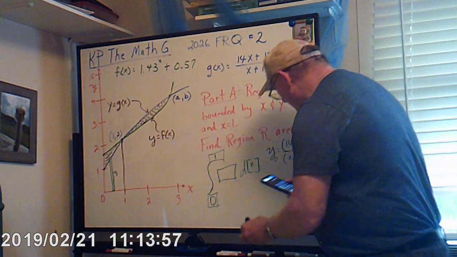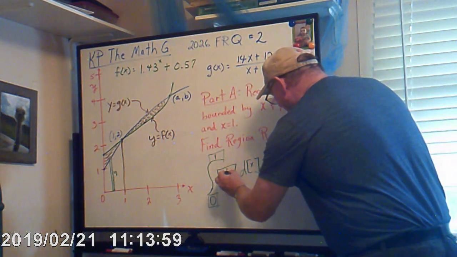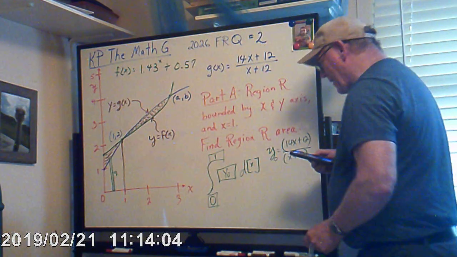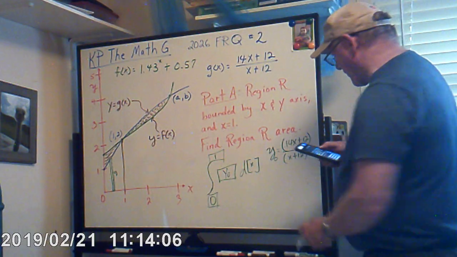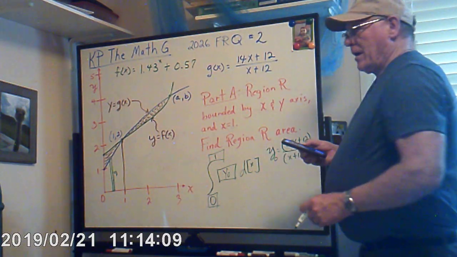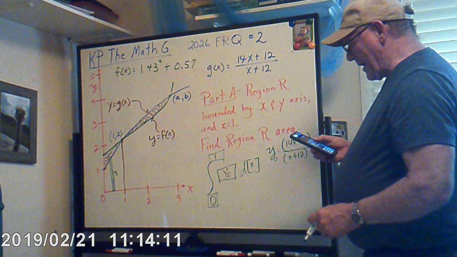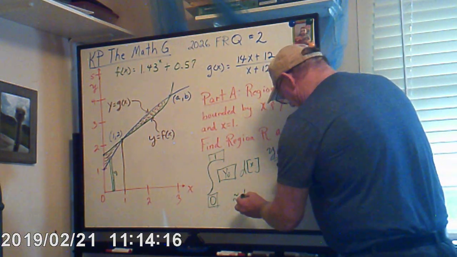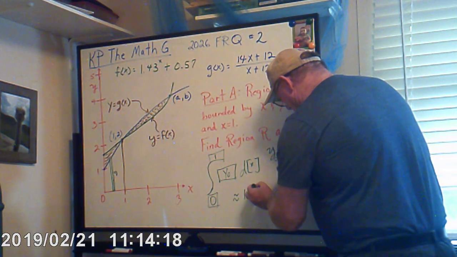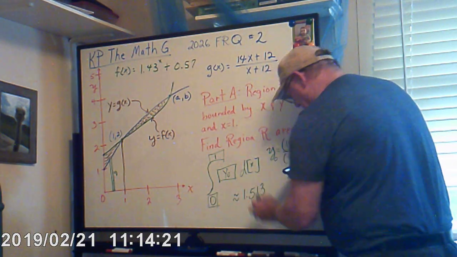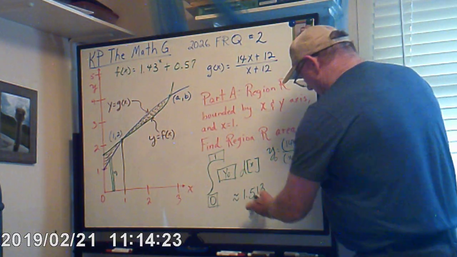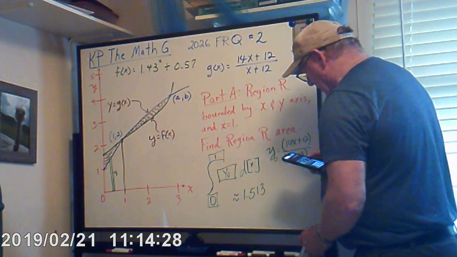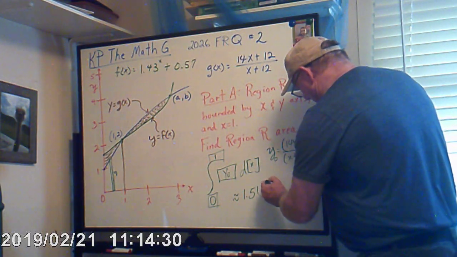This y0 goes right here, and now I have this function in here, and it's taking the antiderivative of this function right here. That's going to be equal to about 1.513. Now remember, in AP calculus, we go out to 3 decimal places here, tenths, hundredths, thousandths, and since this other one is 3, you can put another 3 here if you want to.